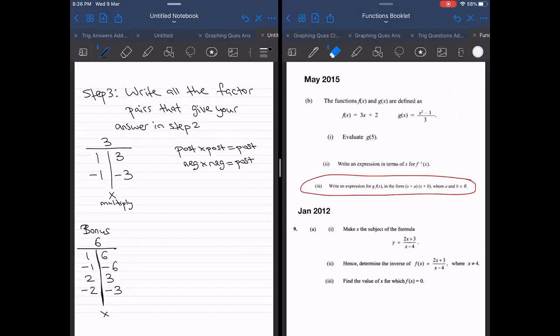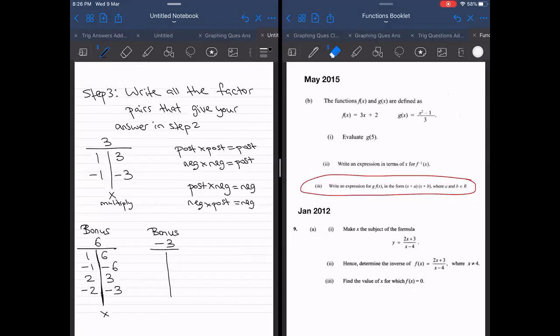As an additional bonus, right? What if we got -3? Right? You want to remember that a positive times a negative is a negative, and a negative times a positive is a negative.